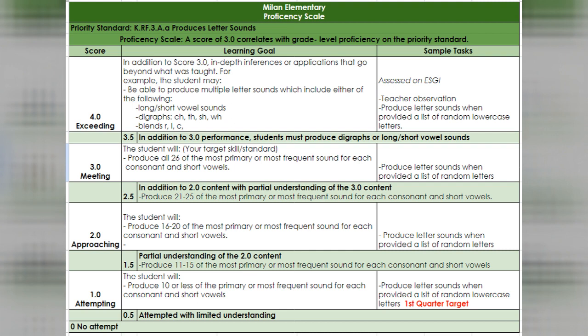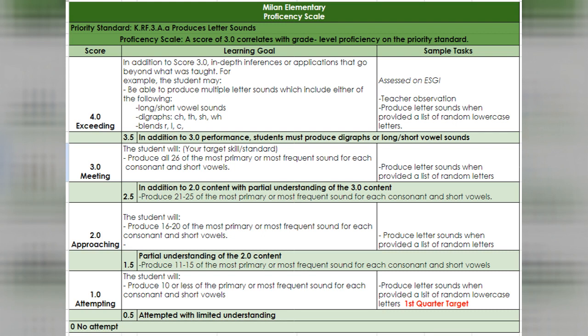Proficiency scales are our rubric for each priority standard to determine where a student is performing based on a specific skill. The one I've pulled up is specific to kindergarten, and the priority standard is listed right at the top: produces letter sounds.